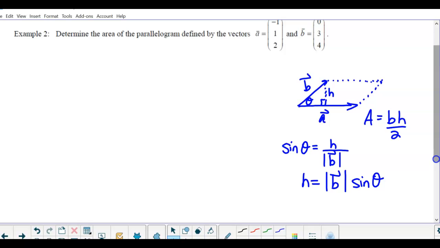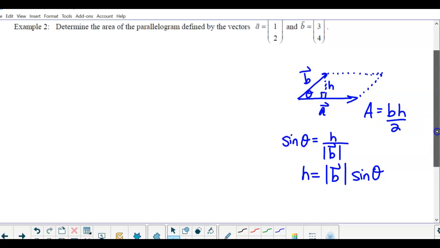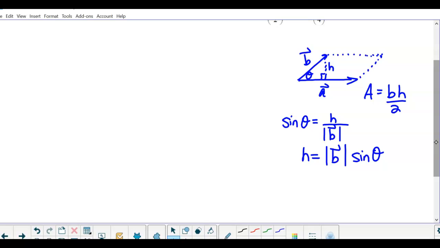And then in terms of the area calculation, so the base of the parallelogram in this case is magnitude of A. The height is magnitude of B sine theta. Oh, sorry, I put over 2.